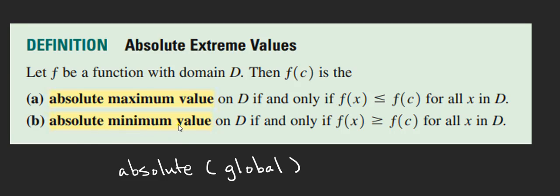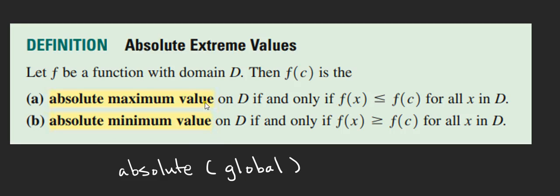An absolute minimum value on D if and only if f of c is the lowest y value in that domain. And sometimes instead of absolute value, we could use the word global.